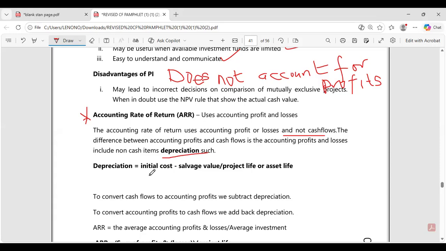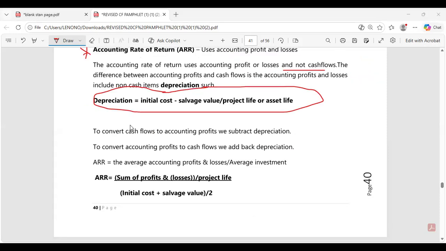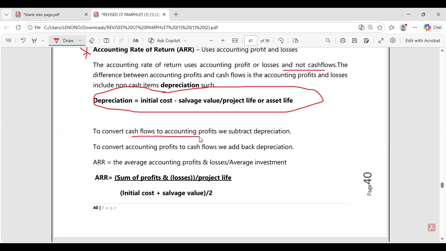Depreciation is the initial cost minus the salvage value divided by the project life. To convert cash flows into accounting profit, we subtract the depreciation; to convert accounting profit to cash flows, we add back depreciation.